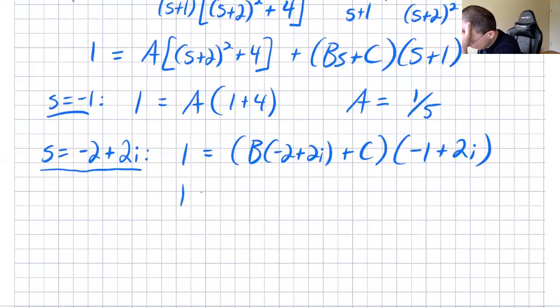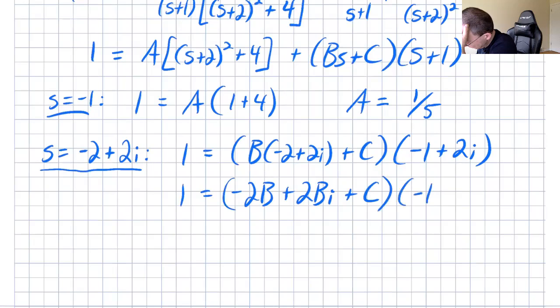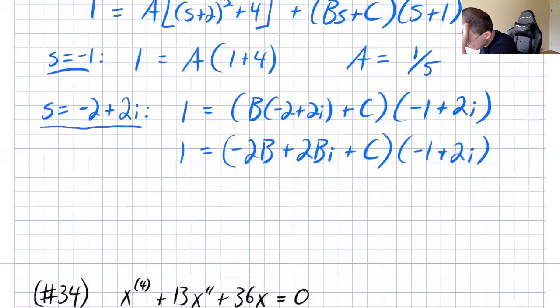Okay, so let's expand this out a little bit. So we have -2B plus 2Bi plus C, and then we're multiplying that times -1 plus 2i. I guess the most straightforward thing is to just multiply this out.